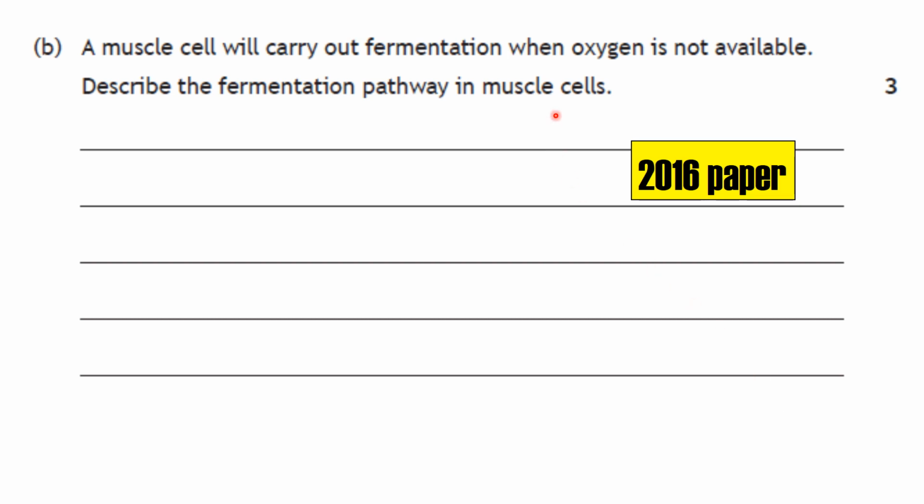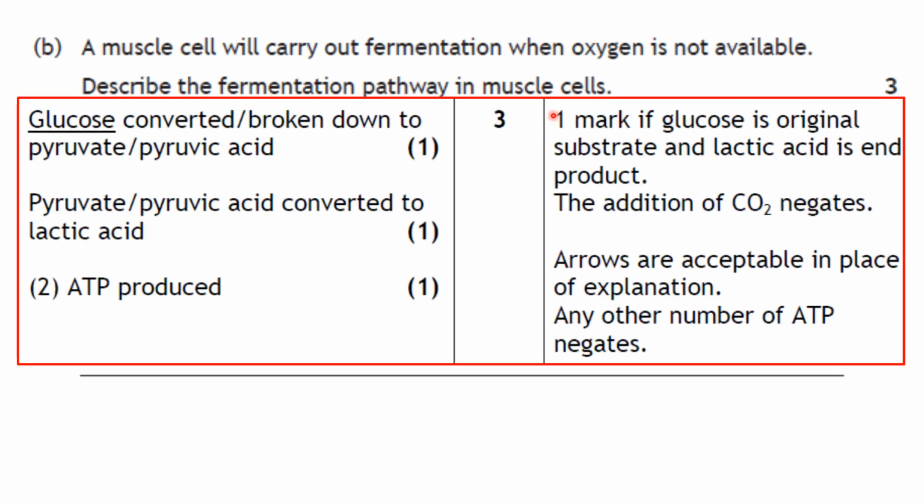Okay, now the first thing about this that you have to be a bit careful about is it says describe the fermentation pathway in muscle cells. So plants have muscles, the yeast have muscles? No. So what they're looking for basically is the fermentation pathway in animals. So here's your marks. First of all, glucose is turned into pyruvate.